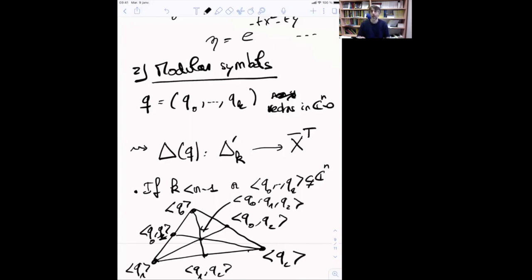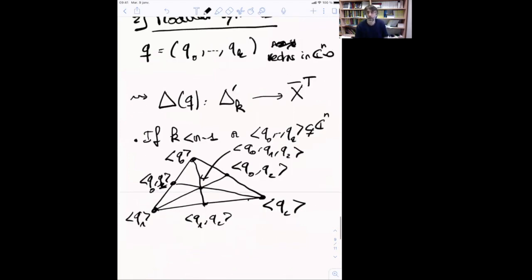So as long as the space spanned by these K+1 vectors is a proper subspace, all these subspaces are proper, and so you have a simplex, a subdivided simplex in the boundary at infinity. So this is contained in that case in the boundary of the Tits compactification.